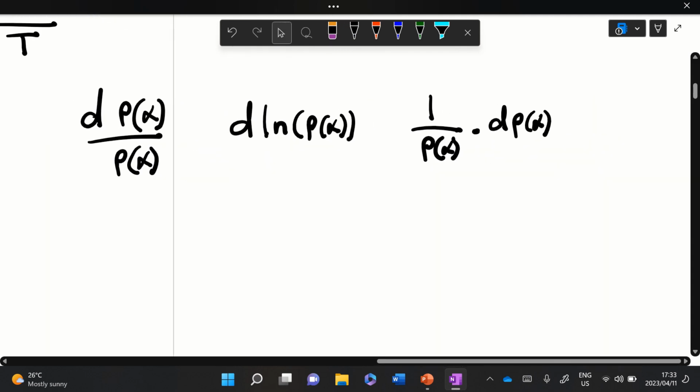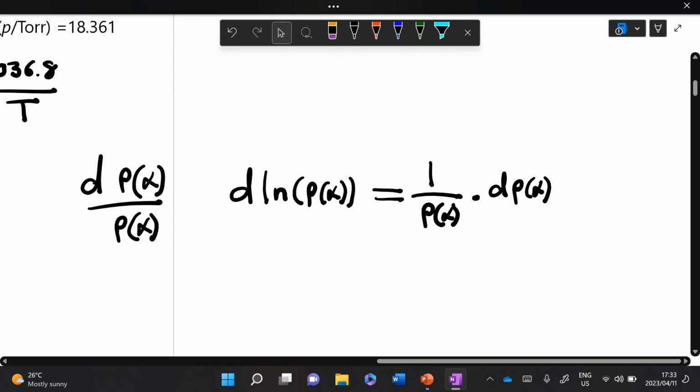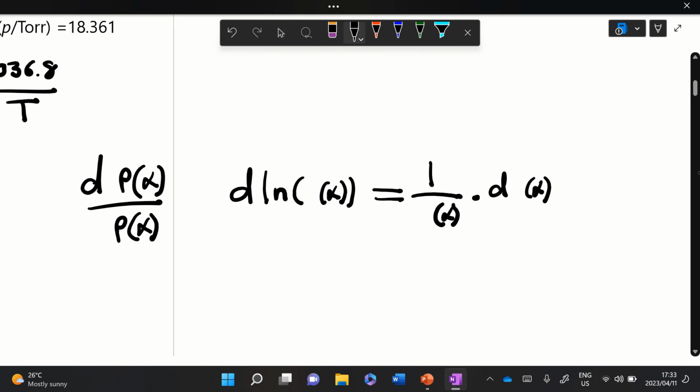So if I write it without the P's, like what you did in high school, where you wrote an f for function, it becomes a bit more apparent. The differential of ln of a function becomes 1 over the function times the differential of that function.